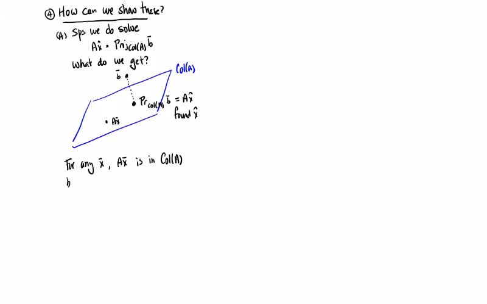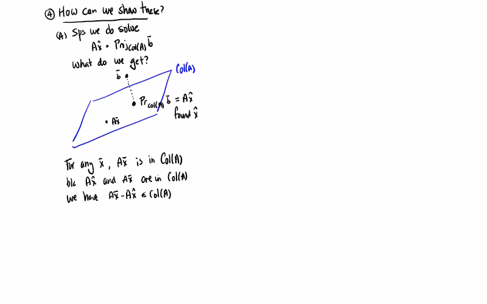Now, because both A x hat and A x bar are in the column space of A, so is the difference between them. So we have A x bar minus A x hat in the column space of A. It's a subspace, so the difference is in there.